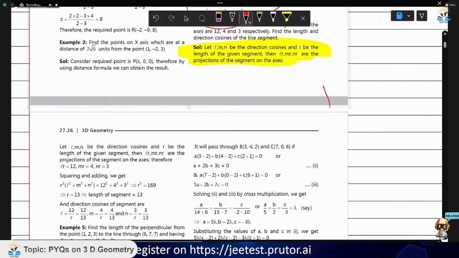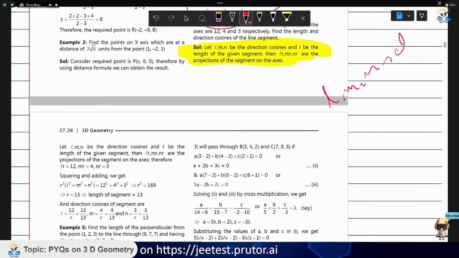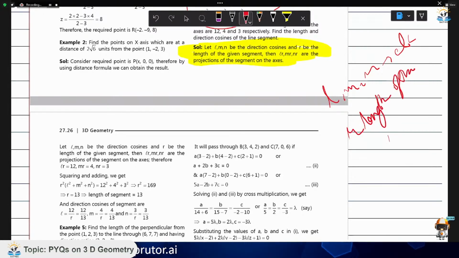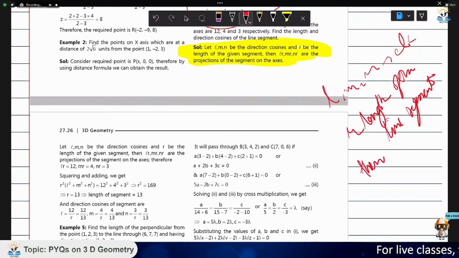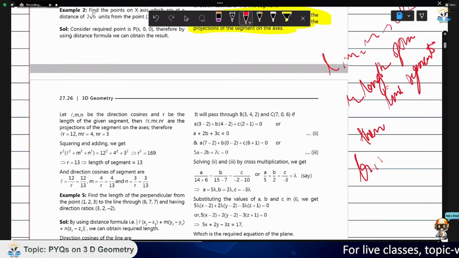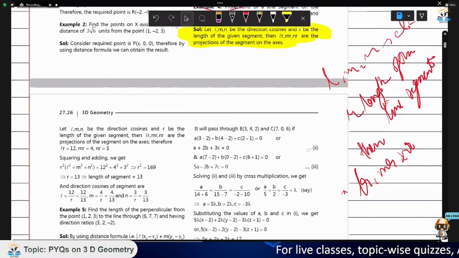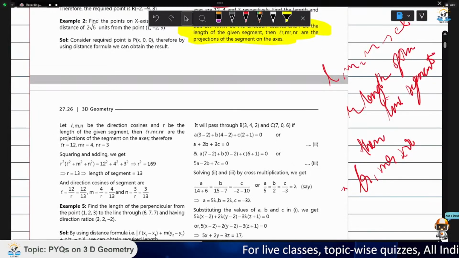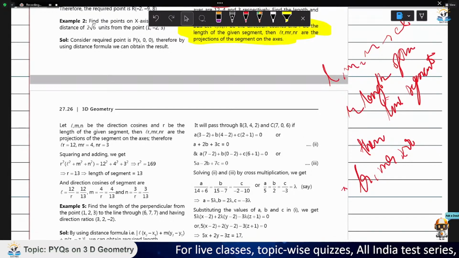If L, M, and N are the DCs of a line, and R is the length of the line segment, then LR, MR, NR are the projections on the axes. So this is what we get.